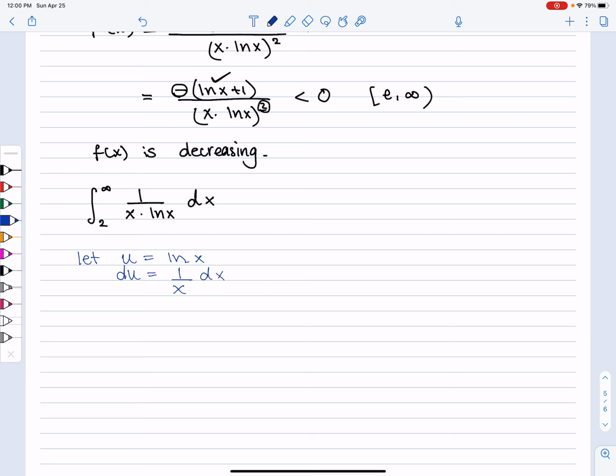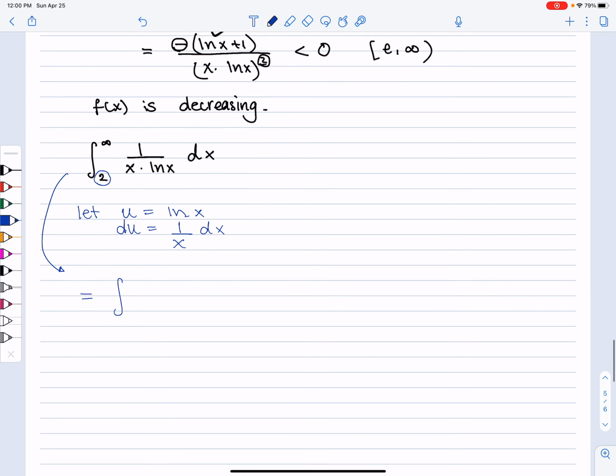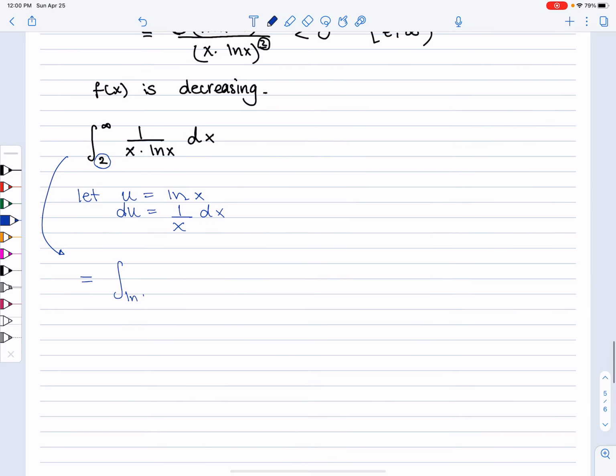So then our integral is going to become the integral when x is 2, the lower limit is ln of 2. And when x approaches infinity, ln of infinity is still infinity. And then we're going to have 1 over ln of x, which is u, and 1 over x dx is du.